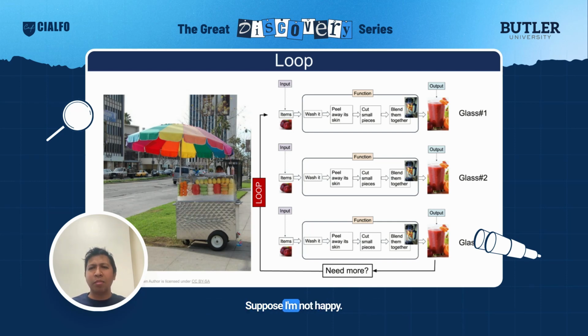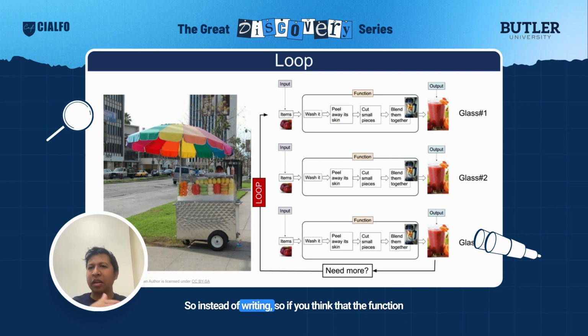Suppose I'm not happy. I'm too thirsty and I need one more glass, right? So if I want the second glass, I'm basically doing the exact same thing, right? And now I need more. I'm doing the exact same thing for my third glass, right?